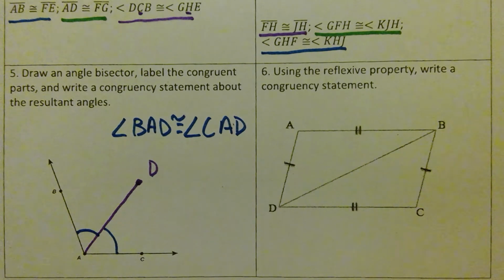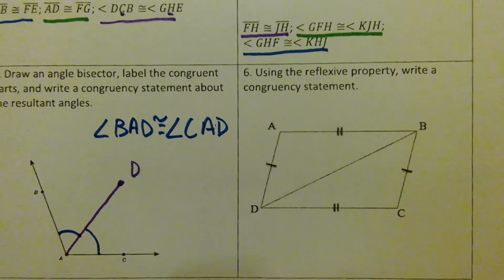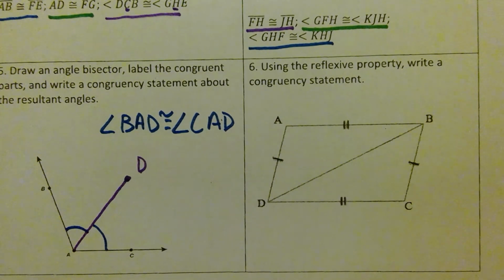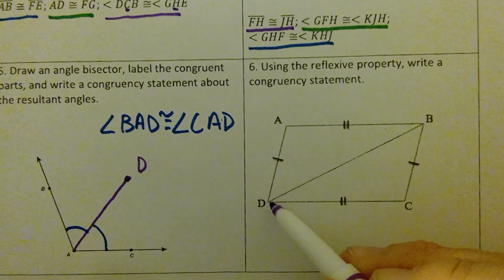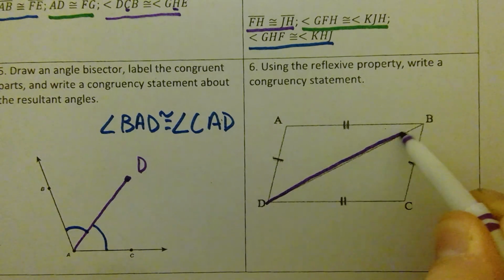Okay, so yesterday we also saw the reflexive property again. And if we recall, the reflexive property has to do with something being congruent to itself. So in this case, we have to look for the one part that is the same in both triangles. So we have triangle ABD, triangle CDB, and the one thing that is shared is this line here in the middle.